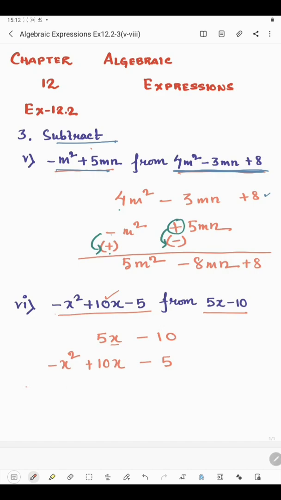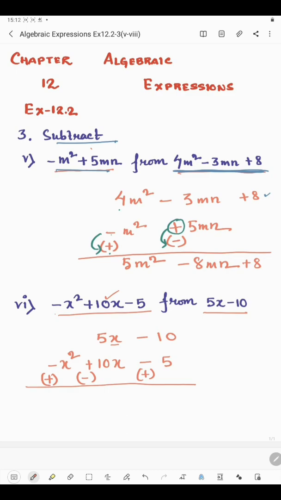Okay, now since we are subtracting we will have to change the sign of the terms which are present in the lower part. Here minus sign is there, so it will be plus, and here plus is there, it will be minus, and here minus is there, so it will be plus. And we will not consider the sign of the previous one.